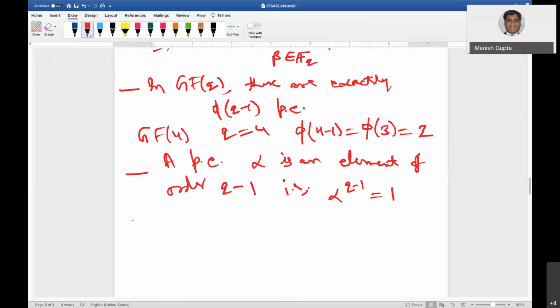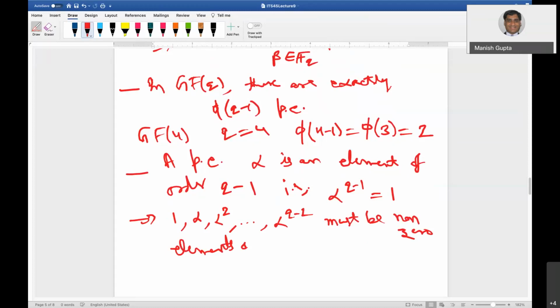This implies that 1, alpha, alpha square, up to alpha raised to power q minus 2 must be the non-zero elements of F_q. Okay.